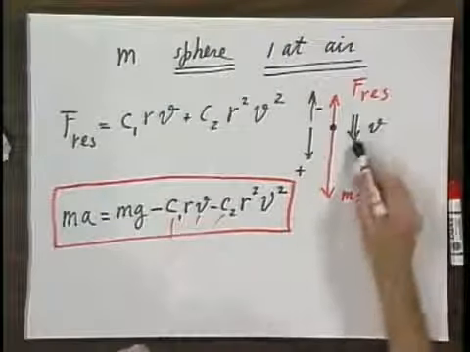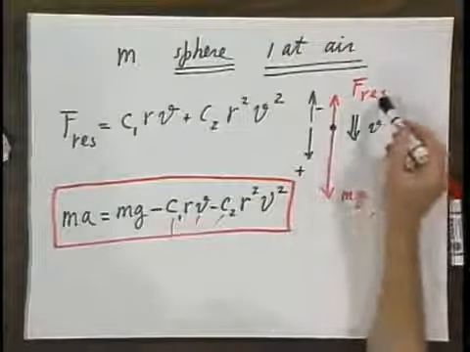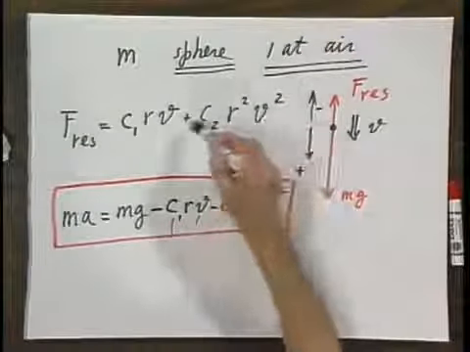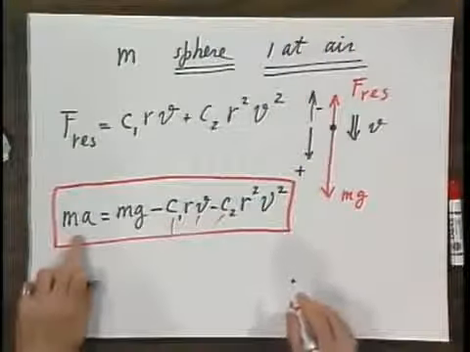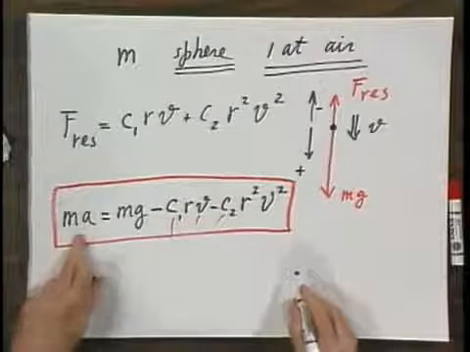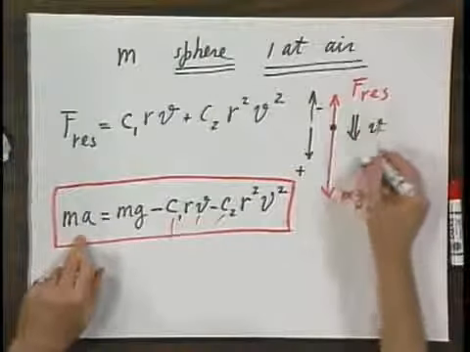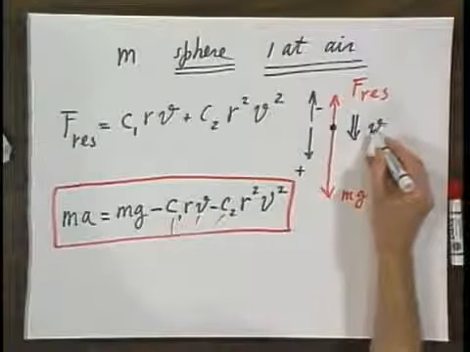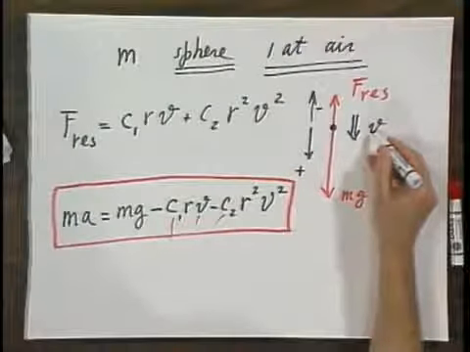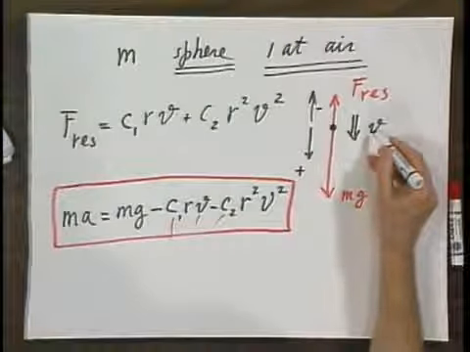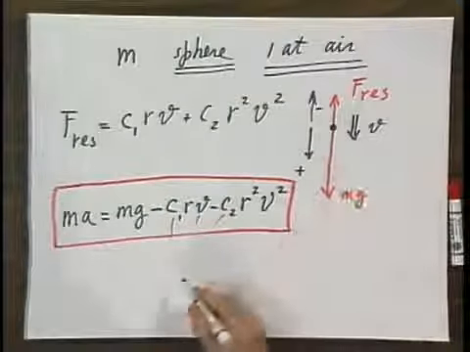Now, as the speed increases, you see that this resistive force increases. And so there comes a time that the net force, ma, becomes 0. And that's the moment that the speed of this object will not further increase, and it has reached then what we call the terminal speed or the terminal velocity.